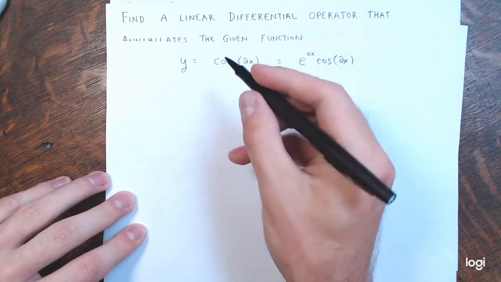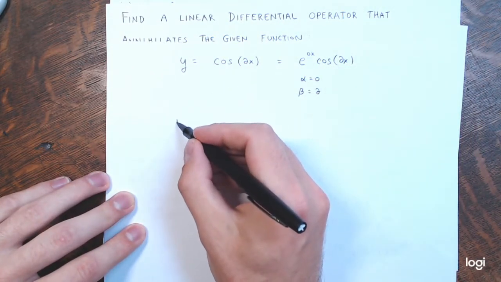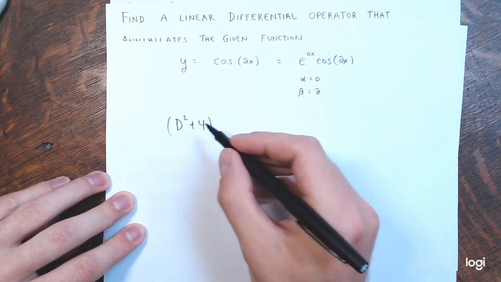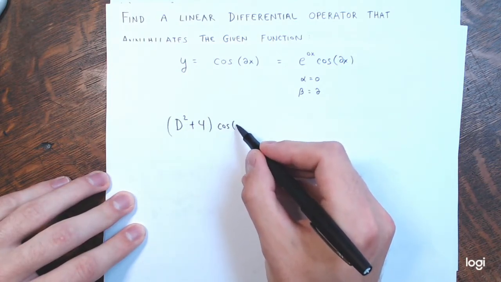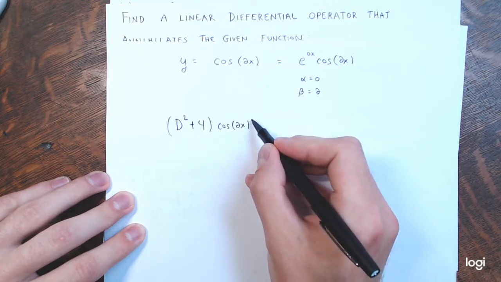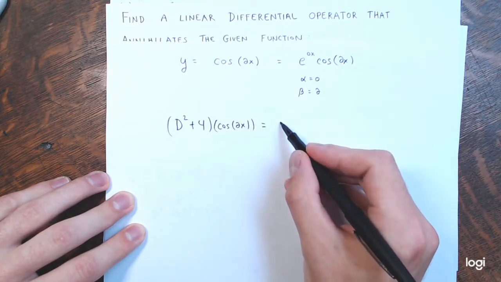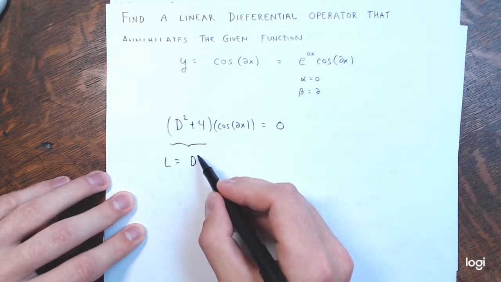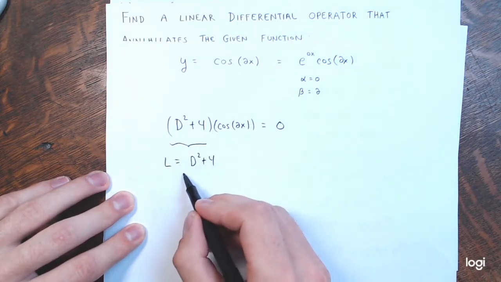So the operator that annihilates this is D squared plus 4. Simple as that. D squared plus 4 applied to the cosine of 2x would annihilate it. So the linear operator I'm looking for is D squared plus 4.